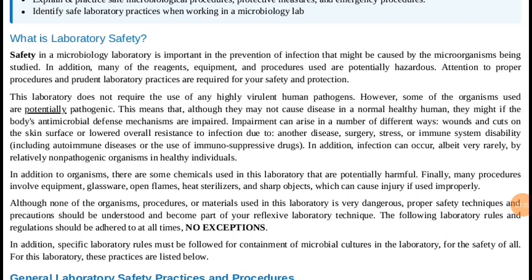Safety in a microbiology laboratory is important in the prevention of infection that may be caused by the microorganisms being studied. Remember, in microbiology lab we are talking about microorganisms, and these are pathogenic, therefore they can be harmful, especially when we are exposed.